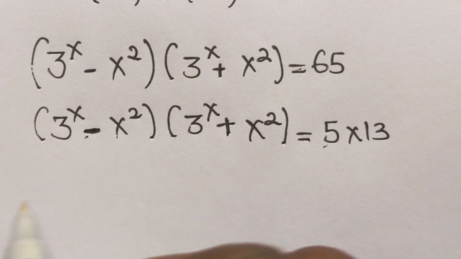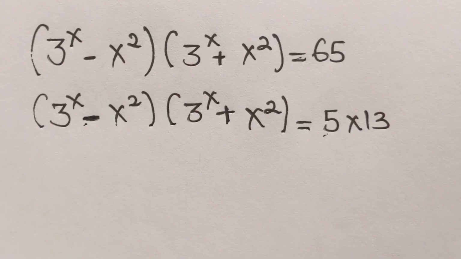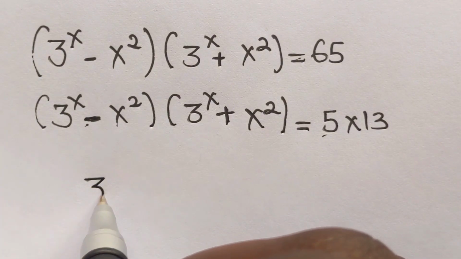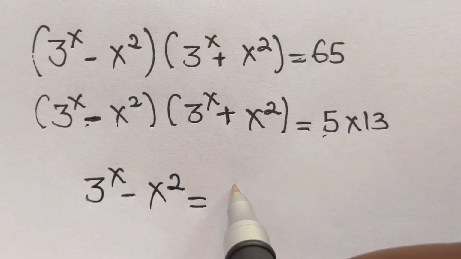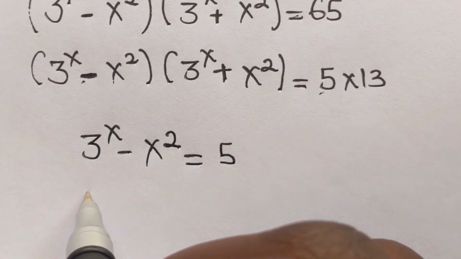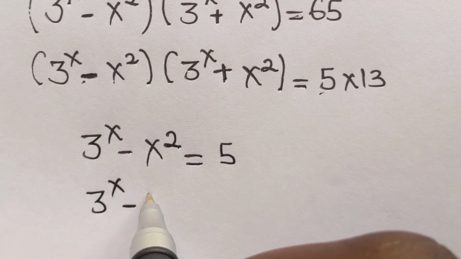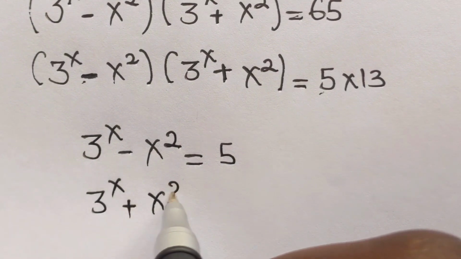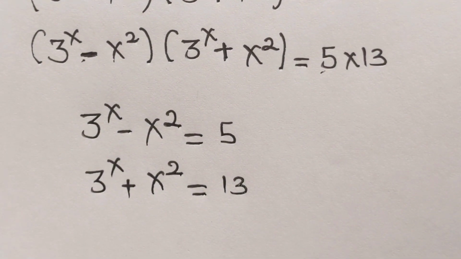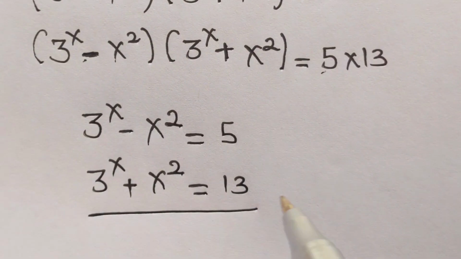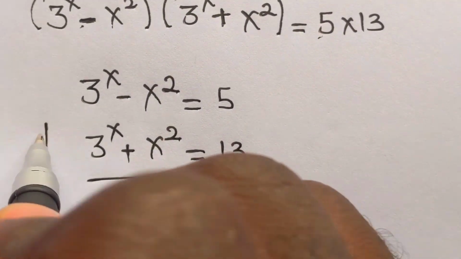That is, we form a system of equations where 3 power x minus x squared is 5 and 3 power x plus x squared is 13, and here we shall add them.